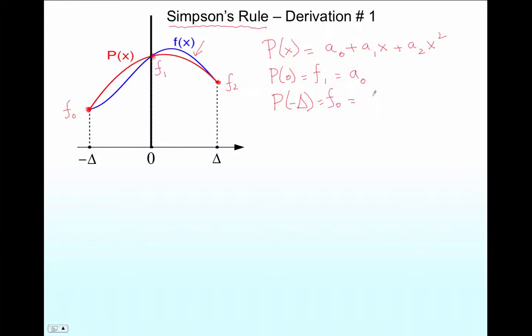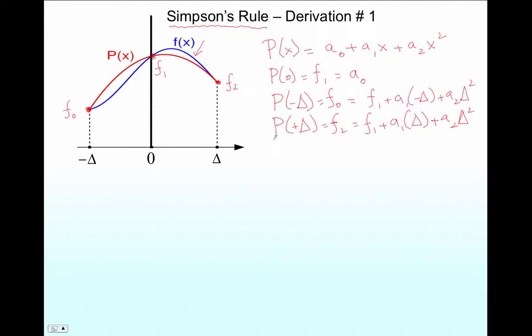And we get a naught, which is f1 of course, plus a1 into minus delta, plus a2 into delta squared. Finally, let me put x equal to plus delta, and that's f2, which is a naught, again that's f1, plus a1 into plus delta, plus a2 into delta squared.